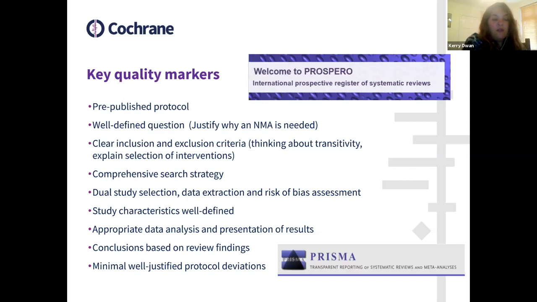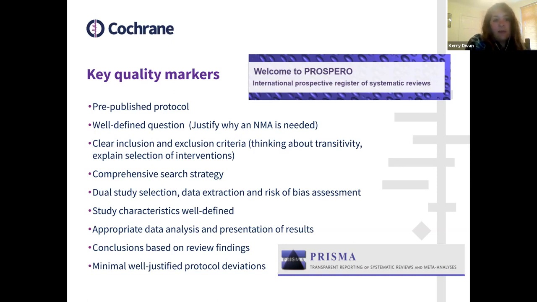And going back to Rebecca's slide on key quality markers, as I've already said, the network meta-analysis follows the same key stages as a standard intervention review, and also has the same key quality markers as a standard intervention review. There are just maybe a few other additional things that we'd like to consider.